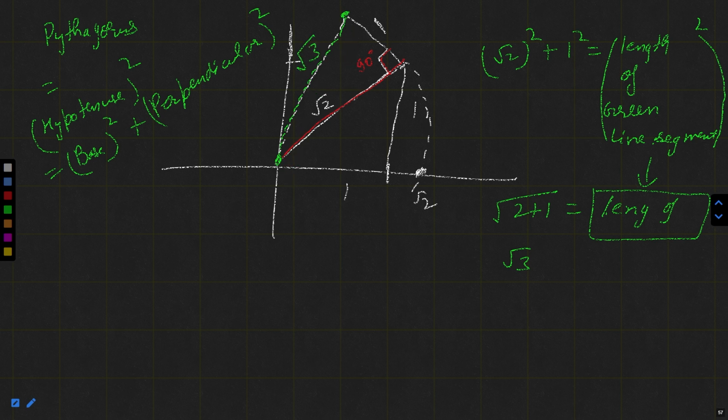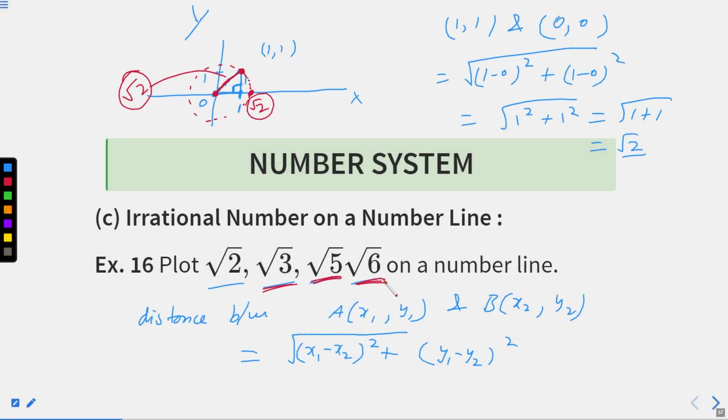Now using the compass, one needle is here, another needle is here, taking the same distance of root 3, we make an arc, and the arc cuts the x-axis at root 3 distance. In a similar way, one can plot root 5, root 6 and so on. And this is for homework.